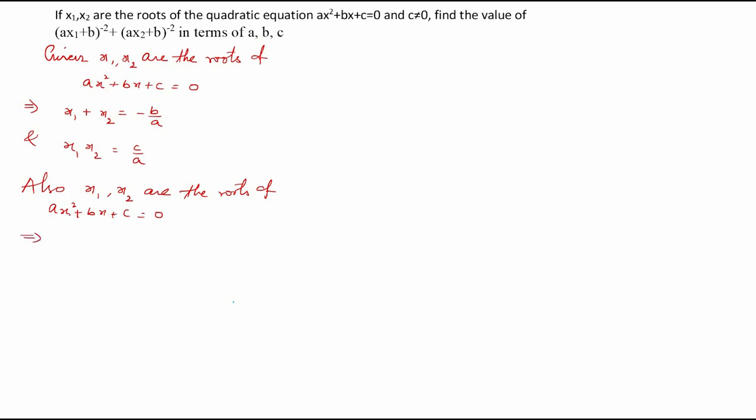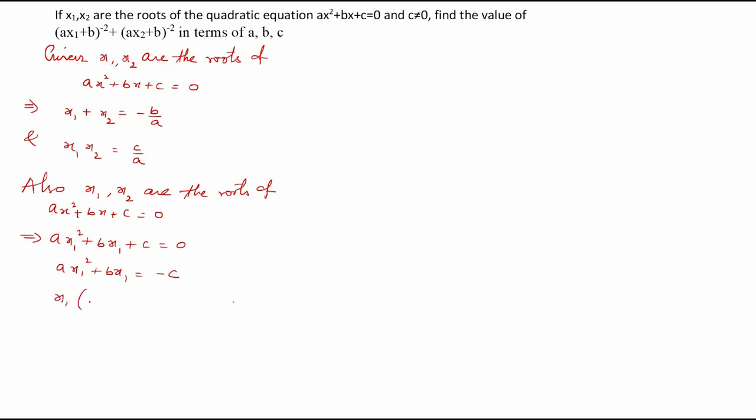This implies, since these two are the roots of this equation, we can substitute both these values in place of x. So we can substitute x1 in place of x and write ax1 square plus bx1 plus c equals to 0. So we get ax1 square plus bx1 is equals to minus c.